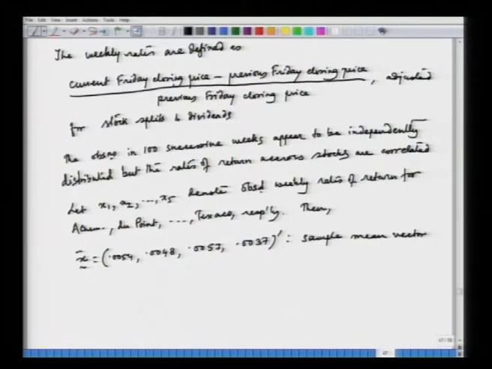And we have the correlation coefficient matrix of these stocks, that is, the covariance matrix of the standardized variables. We have denoted standardized variables by Z, so this is Z1 to Z5.